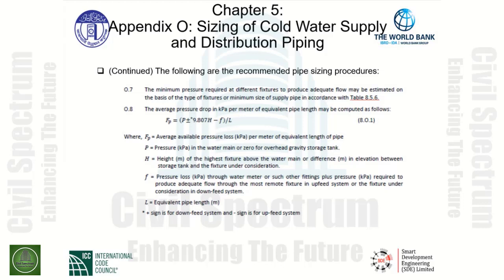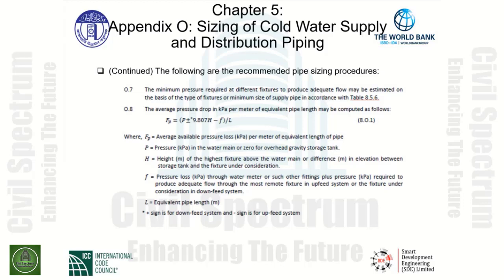Again, we call this the head, or the total height of difference. F is the pressure loss in kilopascals through water meter or such other fittings, plus pressure required to produce adequate flow through the most remote fixture in upfeed system or the fixture under consideration in a downfeed type system. Once we have determined that quantity, we divide by L, which is our equivalent length of pipe in meters.